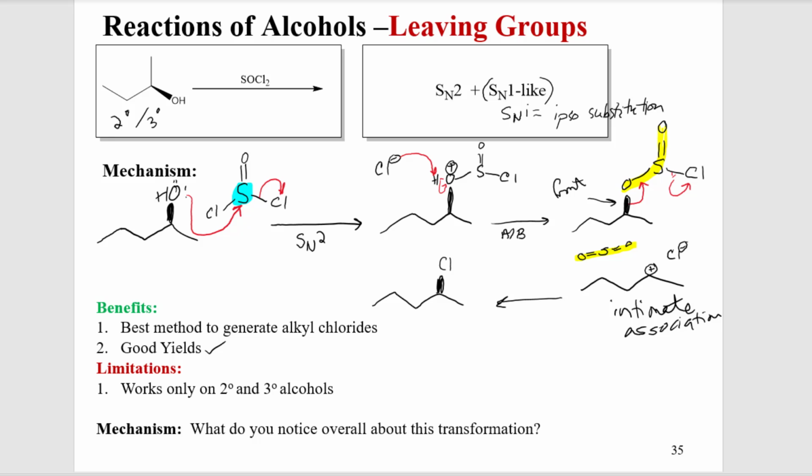And it's one of the best methods to generate alkyl chlorides. But the limitation is, because you're forming a very quick carbocation type system, it only works on secondary and tertiary alcohols, not on primary alcohols. So I can convert the OH into a good leaving group and maintain the stereocenter.